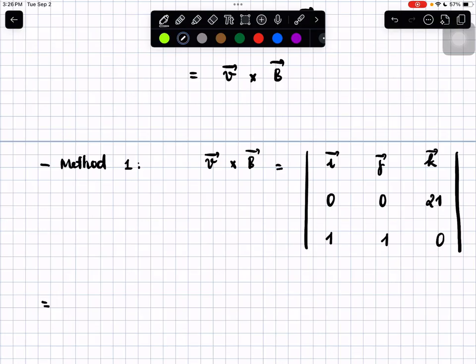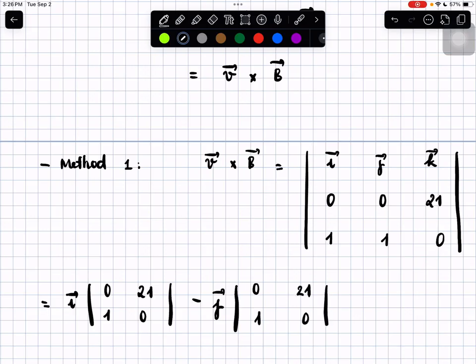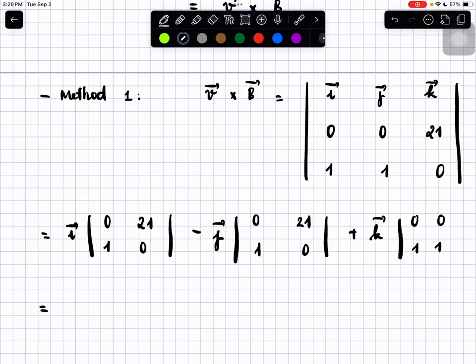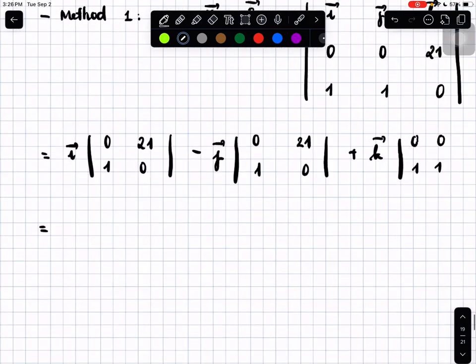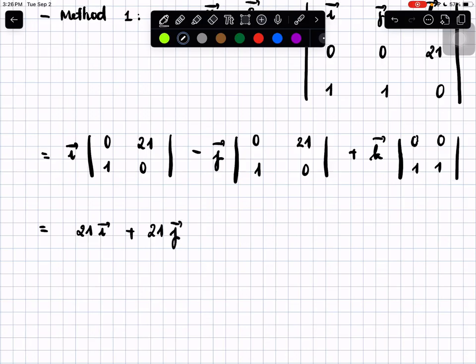Doing it quickly, we have i times the determinant of (0, 21; 1, 0), minus j times the determinant of (0, 21; 1, 0), plus k times the determinant of (0, 0; 1, 1). This gives us 21i minus 21j... plus 0k.